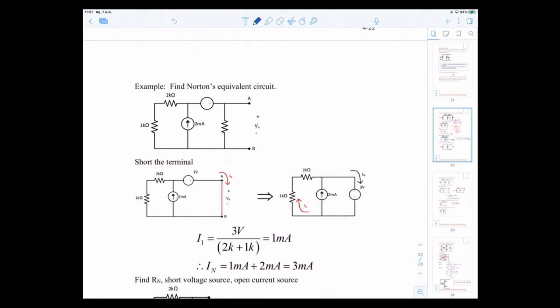Norton equivalent circuit. In this case, what do we do? This is 3 volt. We want to find the Norton equivalent circuit at terminal AB. So first I remove this R out, so you get an open circuit.